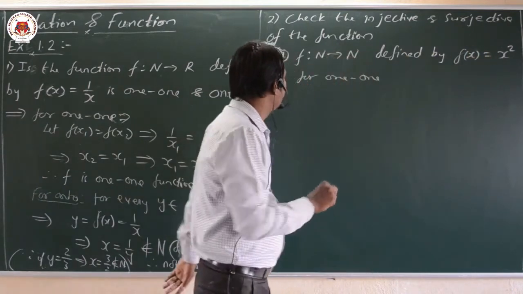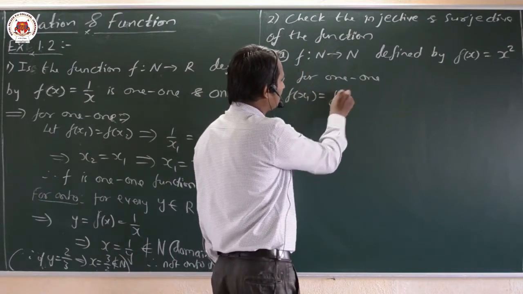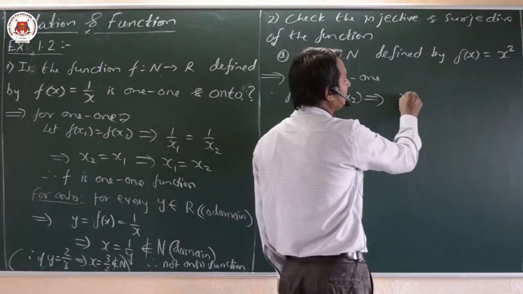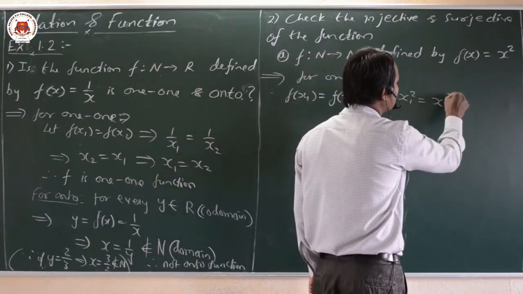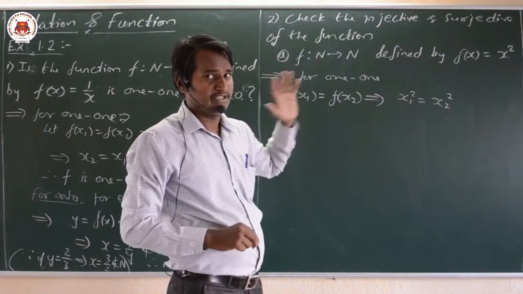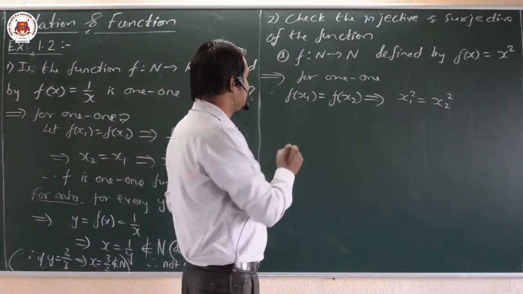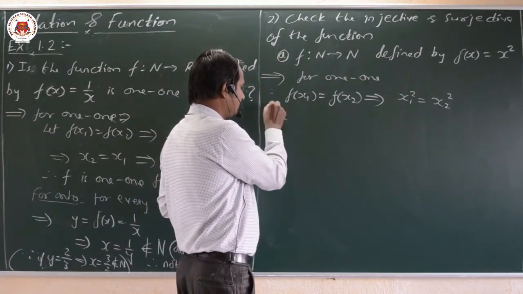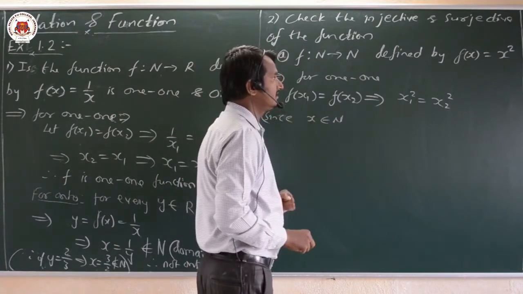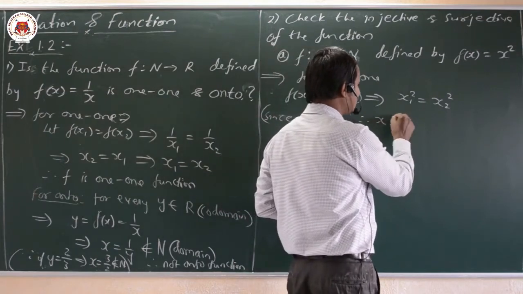So here f of x1 equal to f of x2 implies x1 square equal to x2 square. If I remove the square, we would have plus or minus, but I am not going to take plus or minus. Why? Since x belongs to the natural numbers, x is always positive.